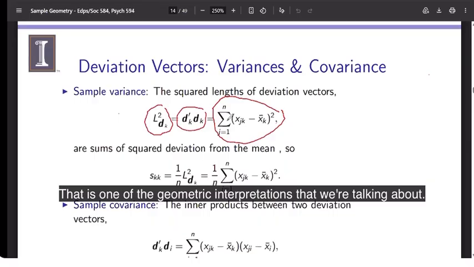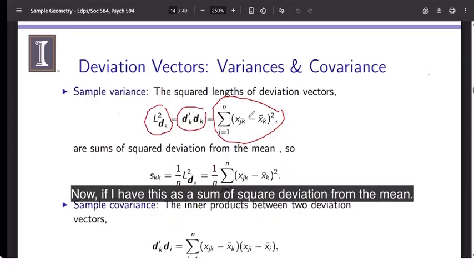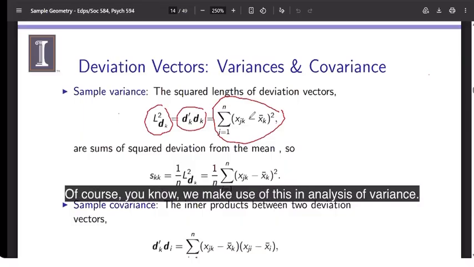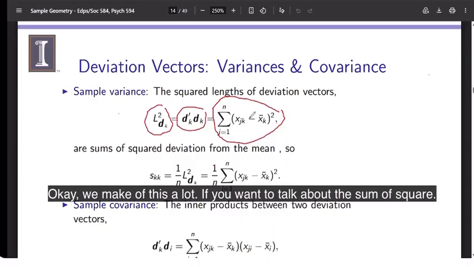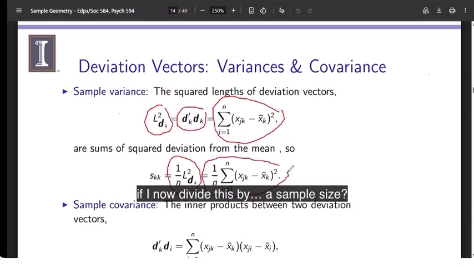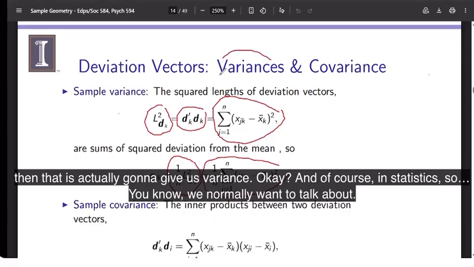Of course, we make use of this in analysis of variance, a lot, if you want to talk about the sum of squares for treatment or whatever. If I now divide this by the sample size, then that is going to give us the variance. And of course, in statistics, we normally want to talk about variance.